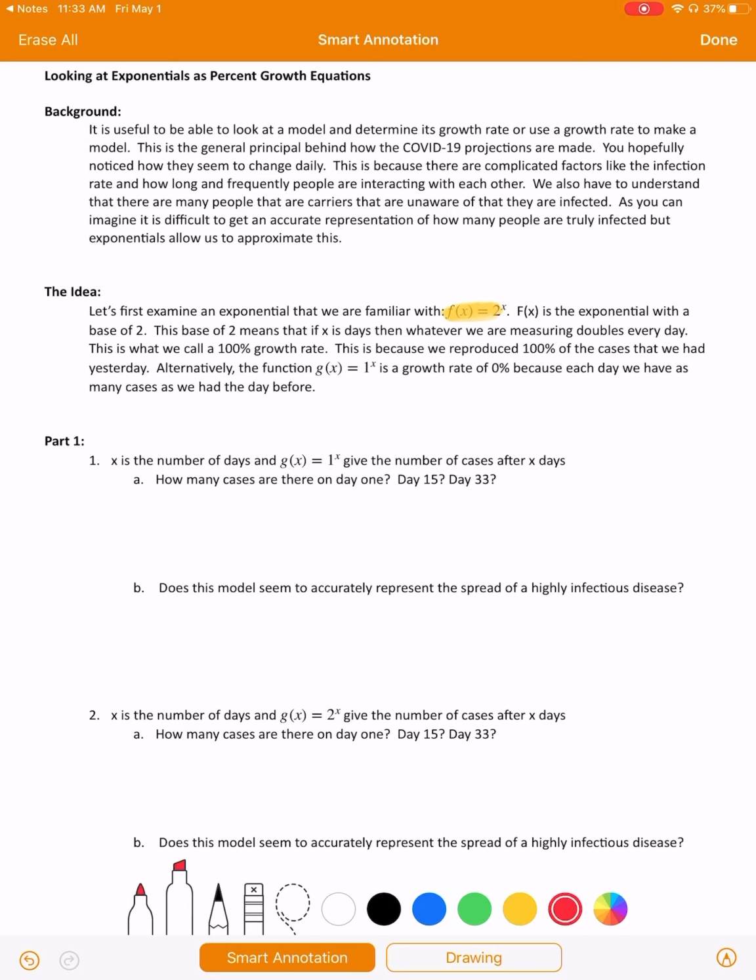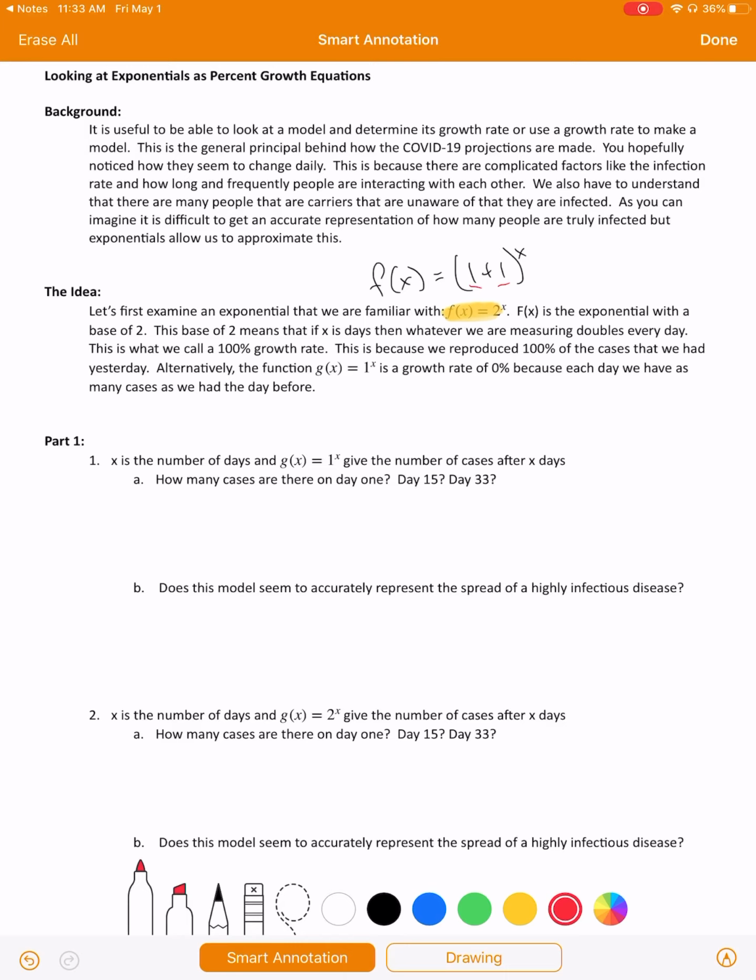The reason is because what's happening is I'm repeating this one, and then I'm doubling it. So I'm adding on another one each time. And so I have 100% growth rate.